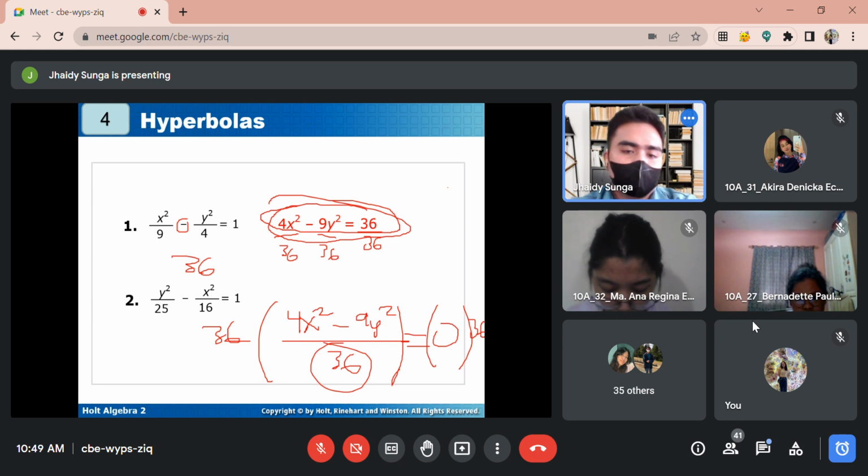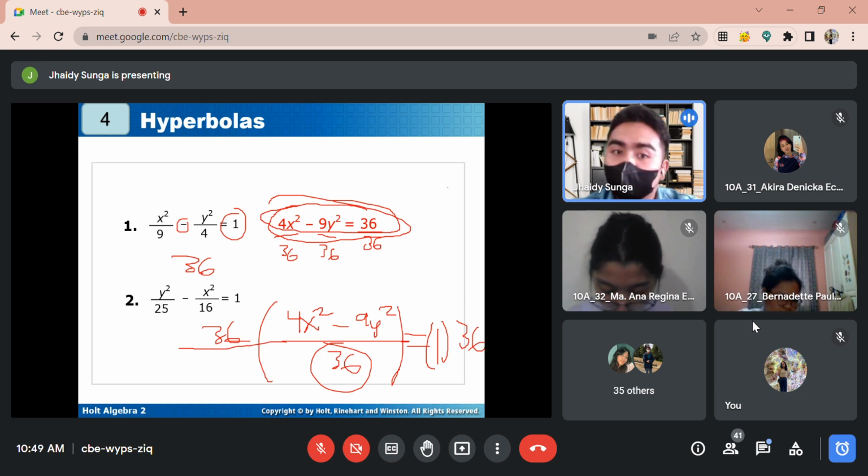I'm sorry, this is equal to 1. So we're going to multiply both sides by 36. In this case, since you have 36 as your numerator, you could now cancel 36 in your numerator and denominator, and you will have 4x squared minus 9y squared is equal to 36.